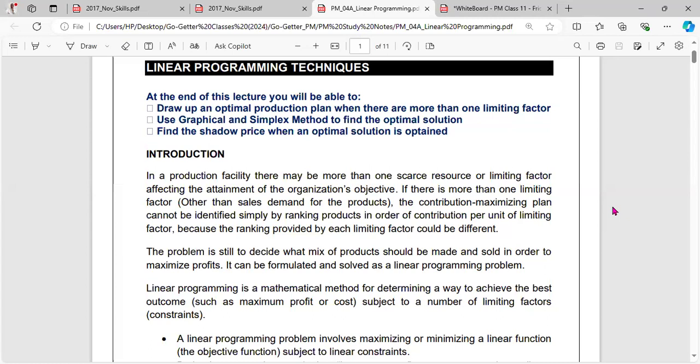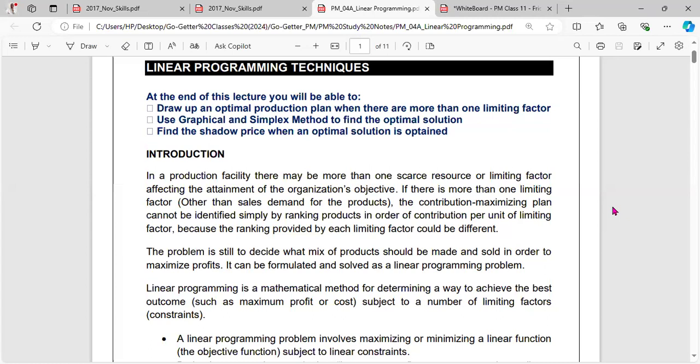So just know that if you're looking for past questions on linear programming model, you won't see much. And we are going to be taking one of those past questions and we are going to expand it. So I want you to pay more than the usual attention to this topic and let your learning curve also be felt in this linear programming technique.